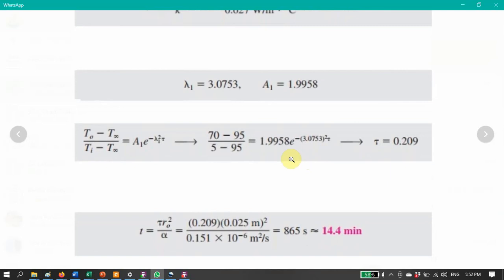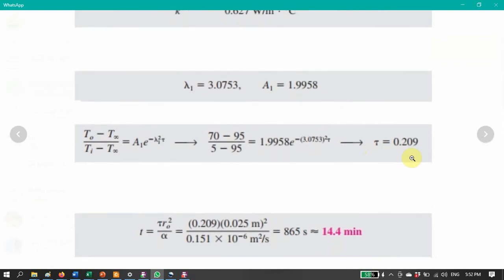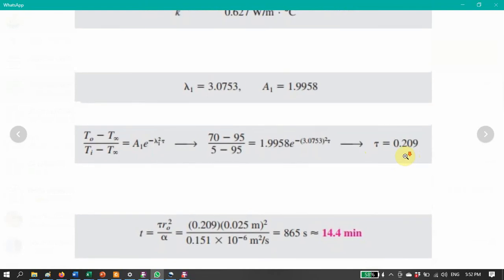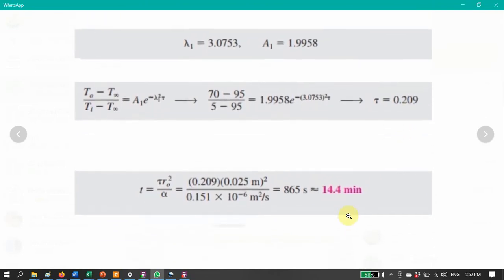The Fourier number is 0.209, but the one that we use when we select the non-dimensional temperature is about 0.25, which makes the value of the Fourier number further to the right. So we get 0.25, while this one is about 0.2. And from that, the time is 14.4 minutes.